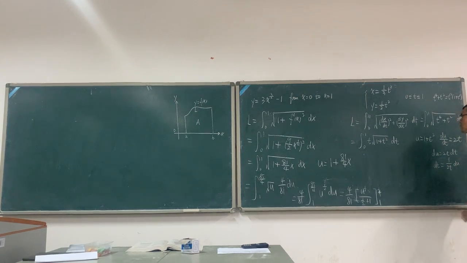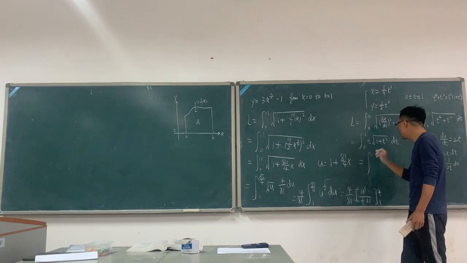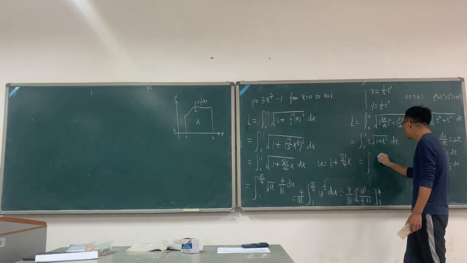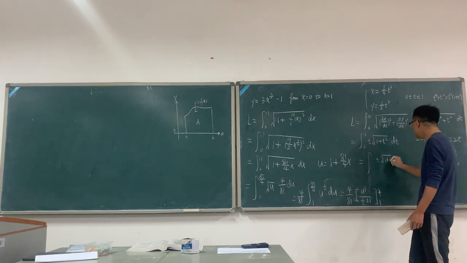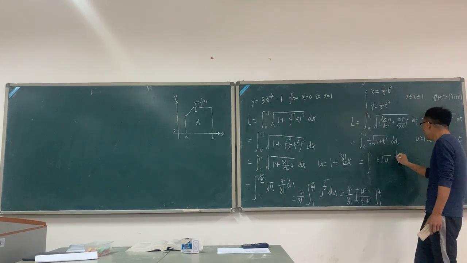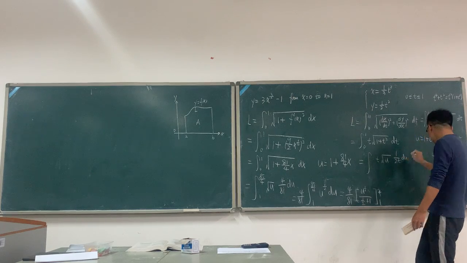Here is the t, and here is the square root of 1 plus t squared, which is u. So dt is 1 by 2t du.